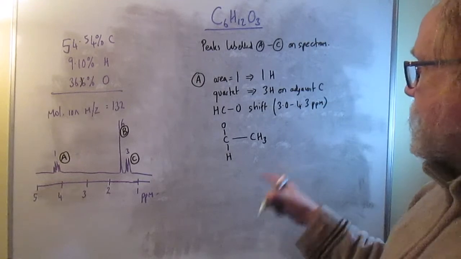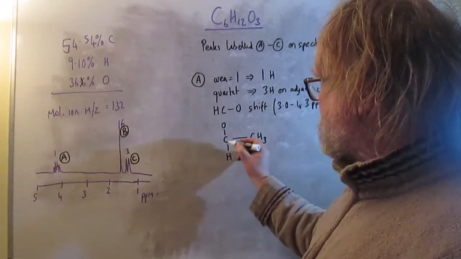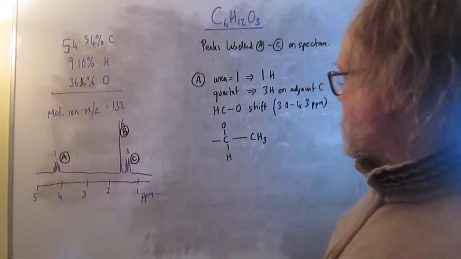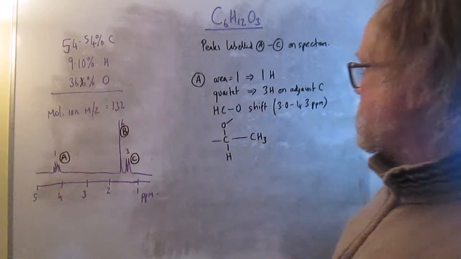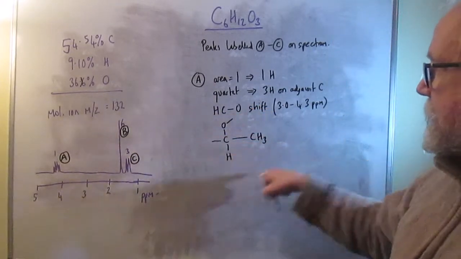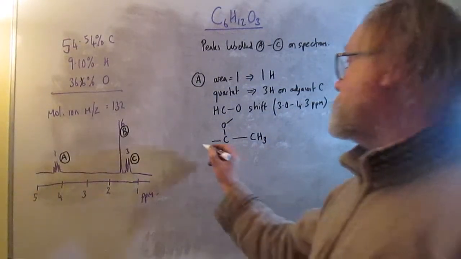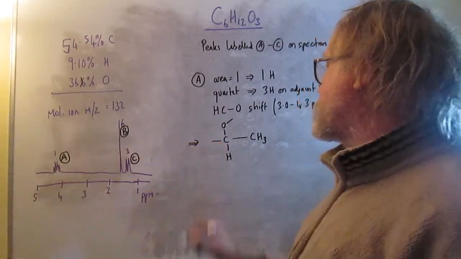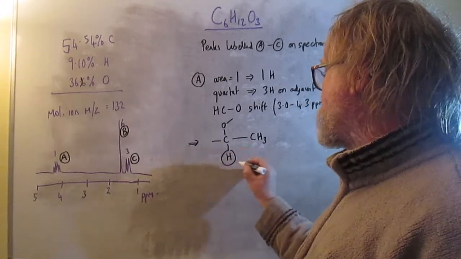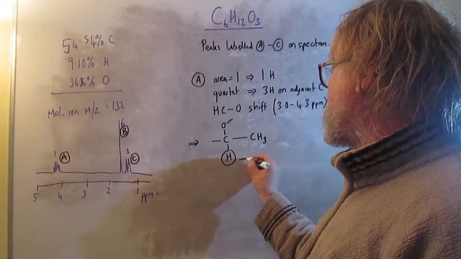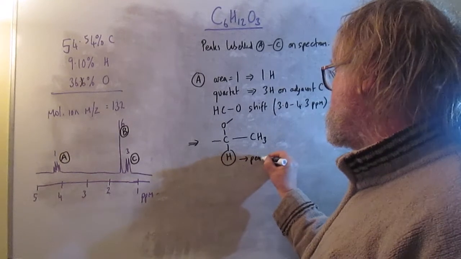Okay, so we can get all of that, and of course we know because carbon forms 4 bonds that there'll be another bond there to something else, and there'll be another bond here to something else. So we can get that just by looking at peak A. Okay, so that's the structure that we can get, and this hydrogen is the one that gives you peak A.